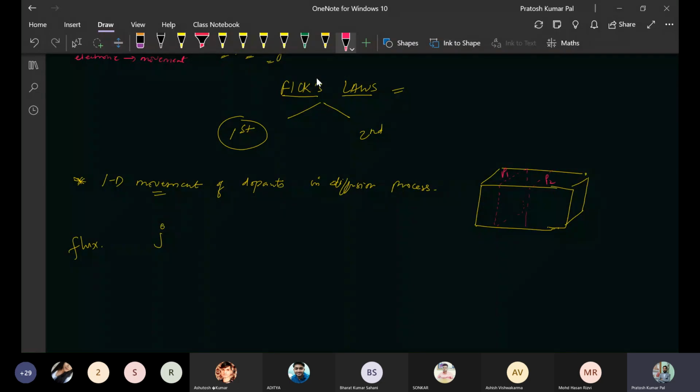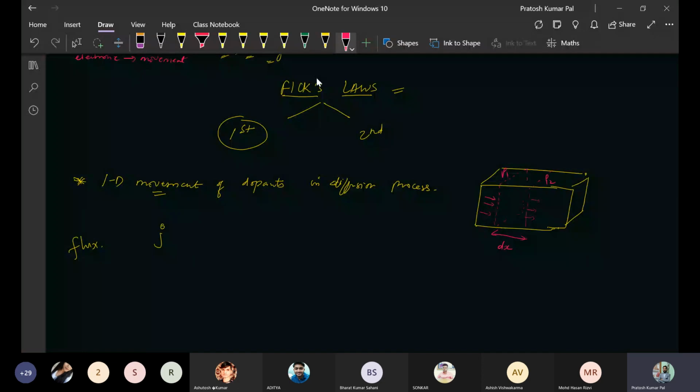This is the silicon substrate or silicon crystal. Into this, we have defined two different planes, and the diffusion has been taking place in this direction, and the two planes are separated by a distance called dx.